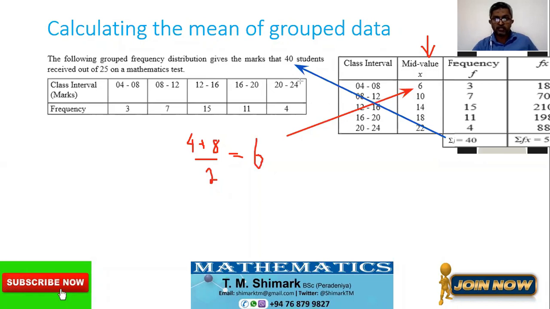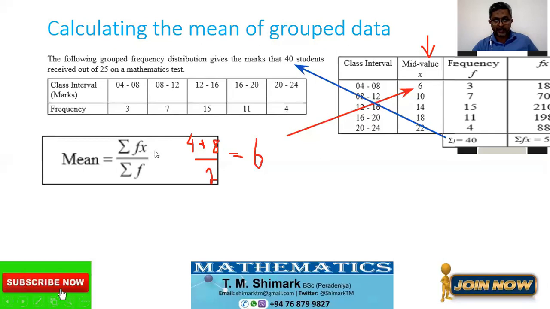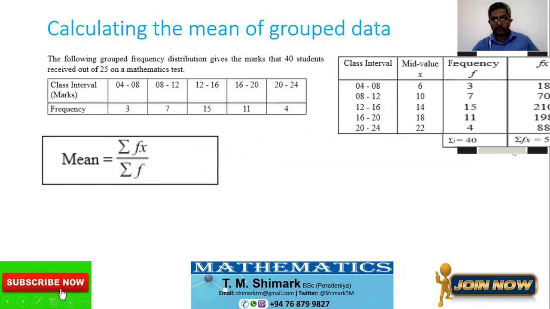So mean means addition of fx divided by addition of f. This is something you have to remember. We will find the mean by the addition of frequency multiplied by mid value, and then divide by f.